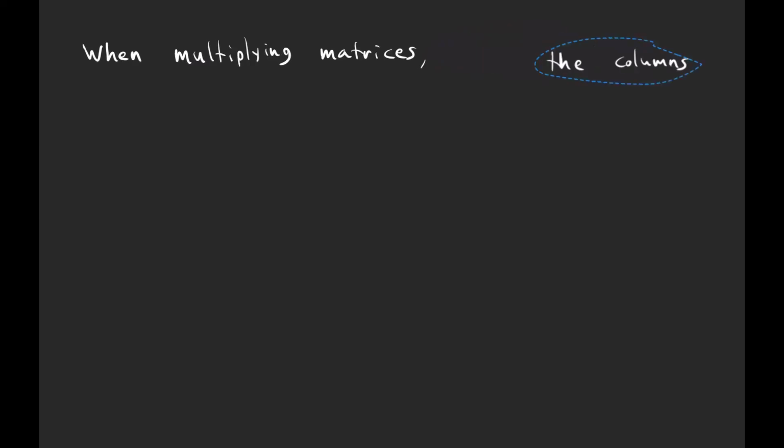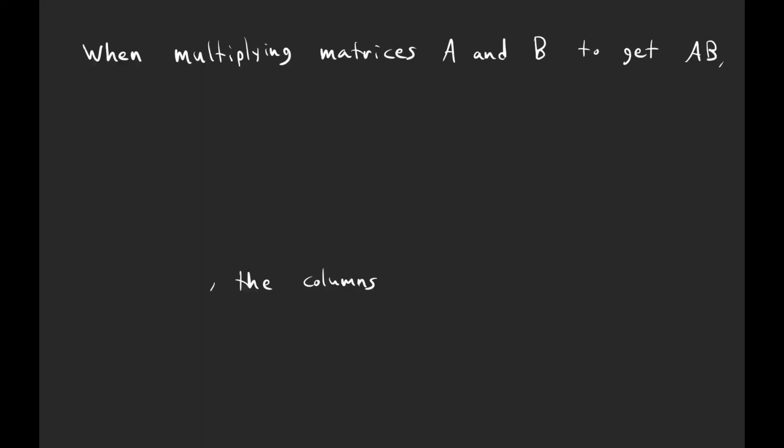I'm going to change my notation here. A and B to get AB. Say it as I'm writing it. The columns of A have to match the rows of B.